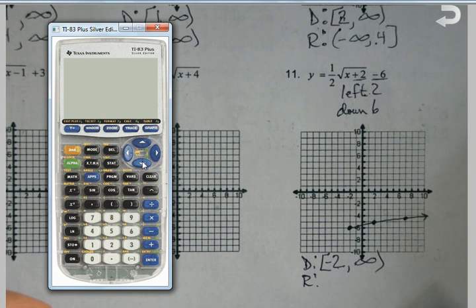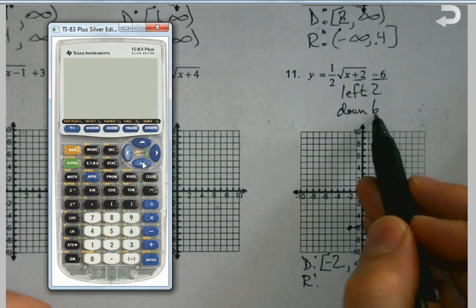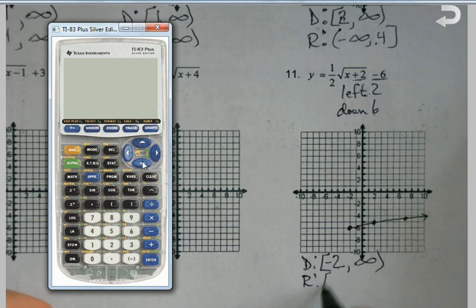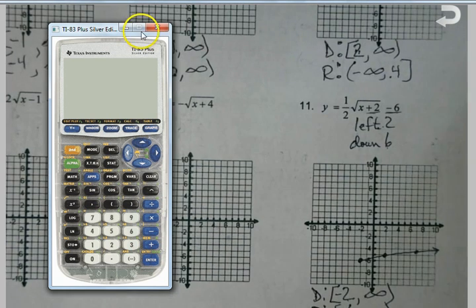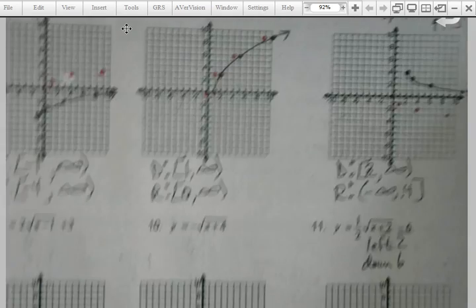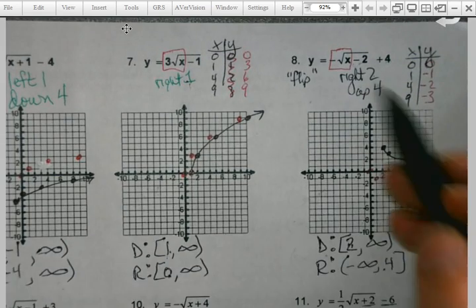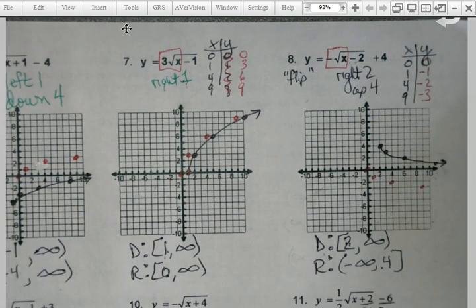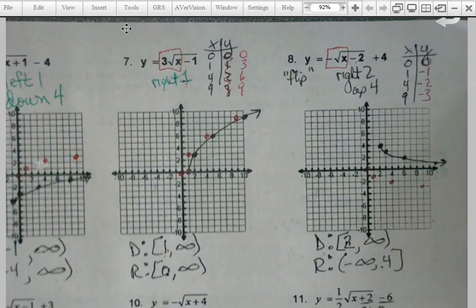And then my range goes from bottom. It shifted from 0 down 6 to -6 and goes to infinity. And just like we've done every other time, and it'd be a little bit trickier on this one with the fraction in front, I could take those base numbers, multiply all my y values by 1/2, sort of like up in number 7 when we did it with the 3, except I'd start getting fractional stuff, but I'd end up in the same places.